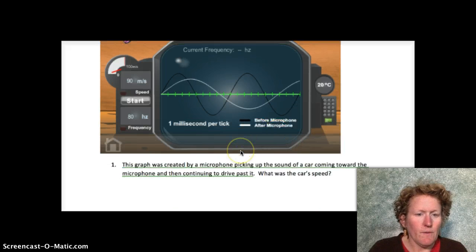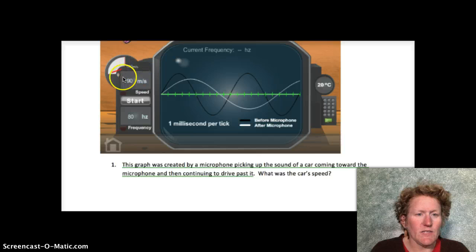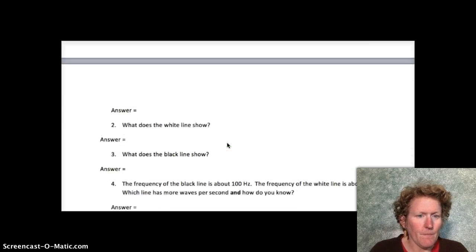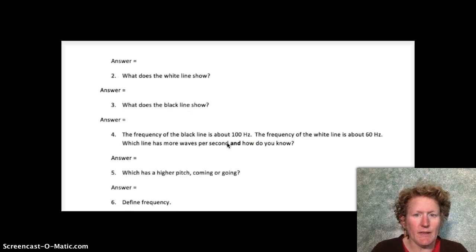The graph was created by a microphone picking up the sound of a car coming toward the microphone and then continuing to drive past. What was the car's speed? Here's the car's speed right here. And what does the white line and the black line show?